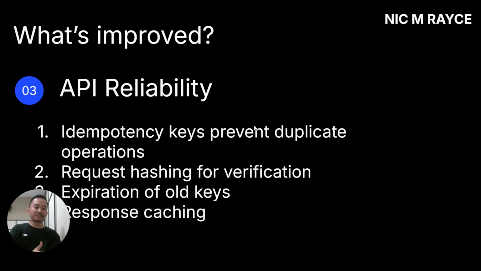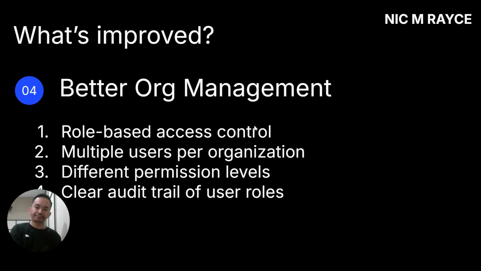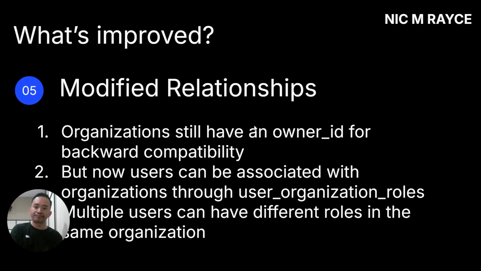Response caching is for us to understand if there is a previous transaction that was put on hold or failed, and then we want to make sure that this response is persisted, so that we don't overcharge the client again. And then for budget management, I've mentioned this earlier about the role-based access control, stuff like that.